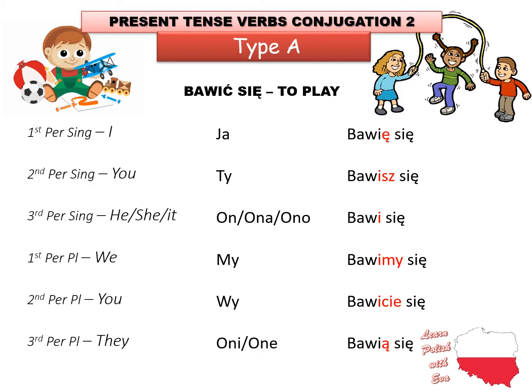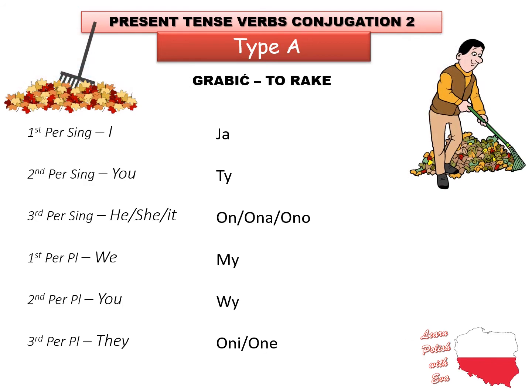Another example, grabić, to rake, like leaves and stuff. What do we do? We take off the ć. We are left with grabi, the stem. So it's exactly the same pattern as we've noticed in conjugation number 1. After we have this newly constructed stem of grabi, we add the verb endings, and there is no doubling of vowels in Polish, so we're going to have only one I. And the verb becomes this.